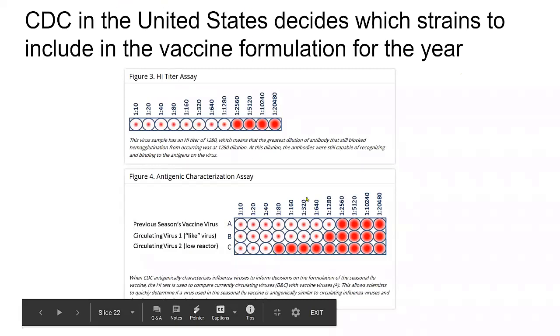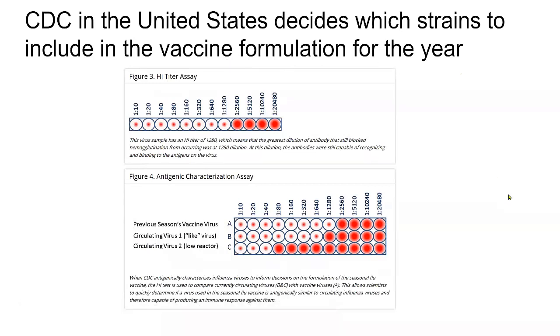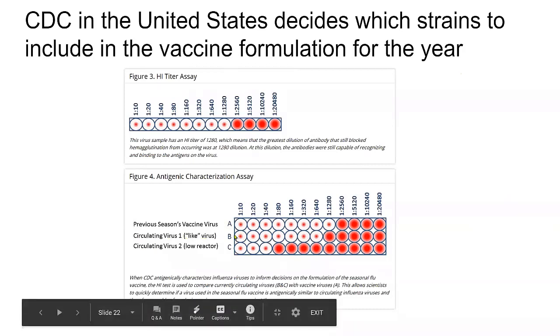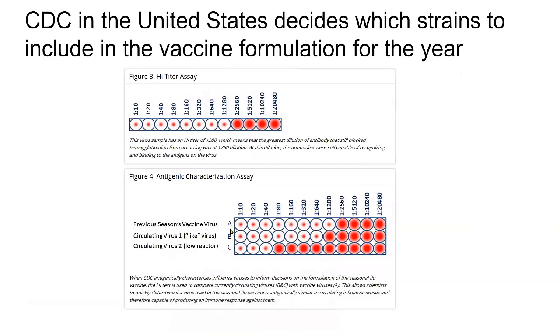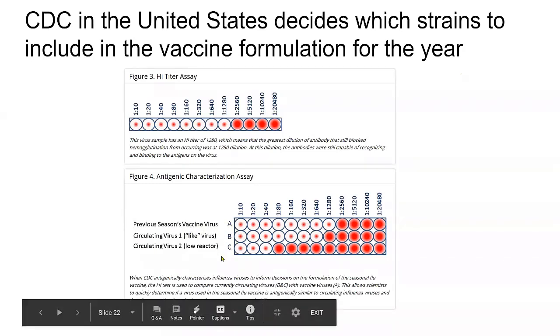So what CDC tries to do is say, if C is circulating now, we need to put something like C in the flu vaccine for this year. Virus B here, we probably don't need to vaccinate against that because it's similar enough to what you saw last year that you're still immune to virus B, but we need to give you immunity to virus C. All right, so I'm hoping that picture is somewhat meaningful. It's complicated.